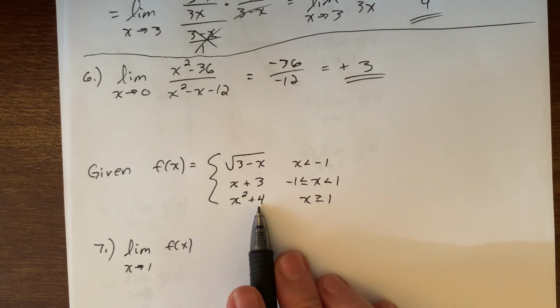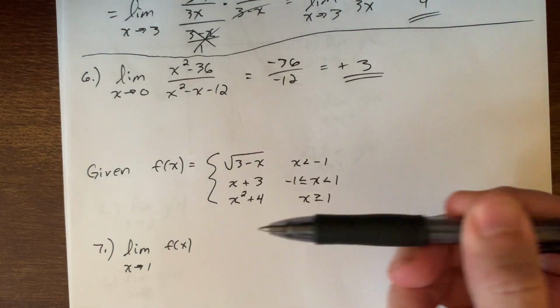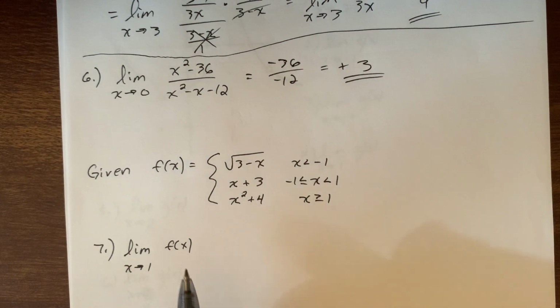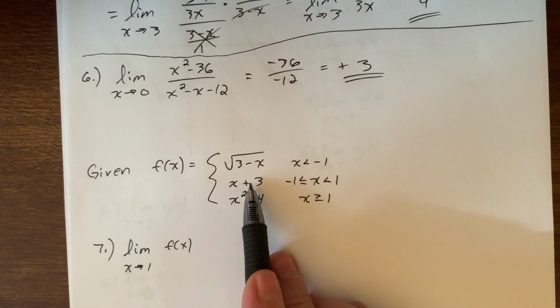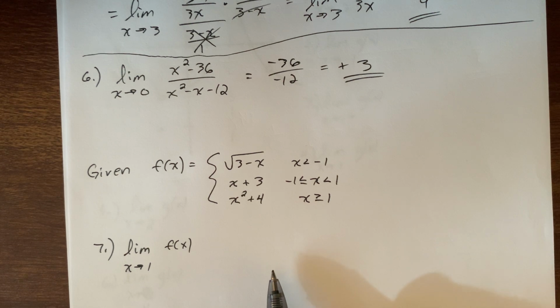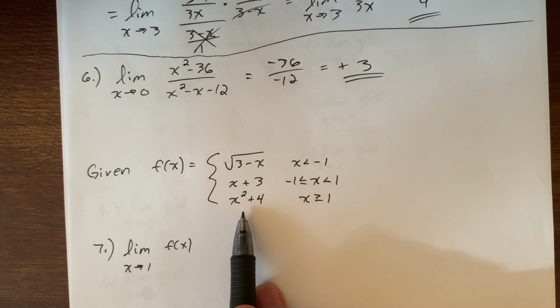That would be f of 1, not the limit. For the limit, we've got to think about things like 0.8, 0.9 from the left, 1.2, 1.1 from the right. The 0.8, 0.9 from the left, we're up here, we're going to need this definition, and the 1.2, 1.1 from the right will be in this section, so we'll use this definition.